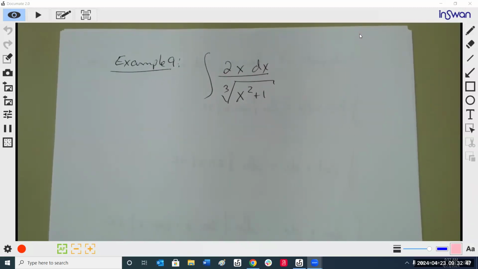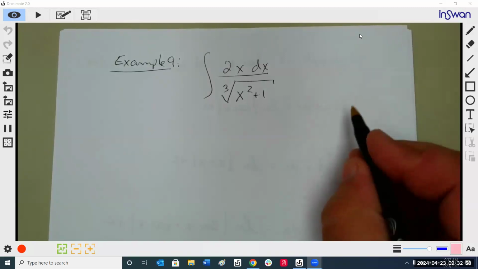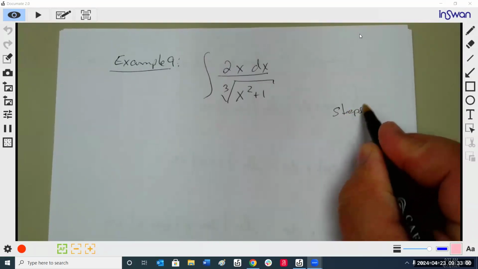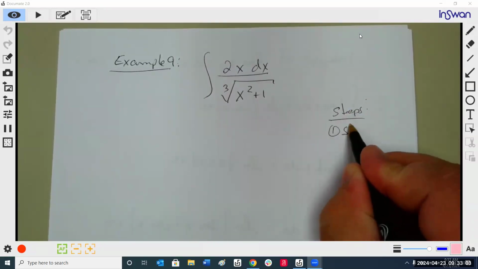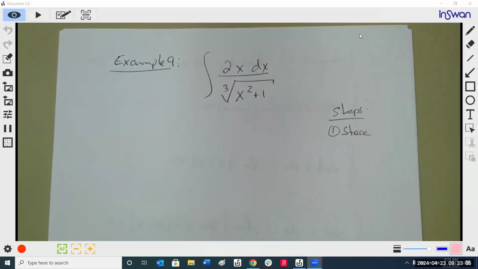what would you do first? Steps. Step 1, stare at it. You're going to write that down. So we have to first find, we're going to use substitution. So we have to first find u. Which one's going to be u? The top or the bottom?